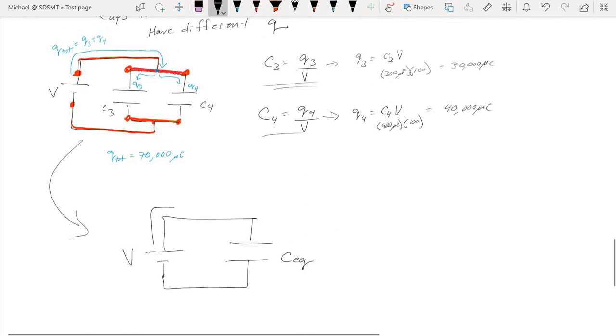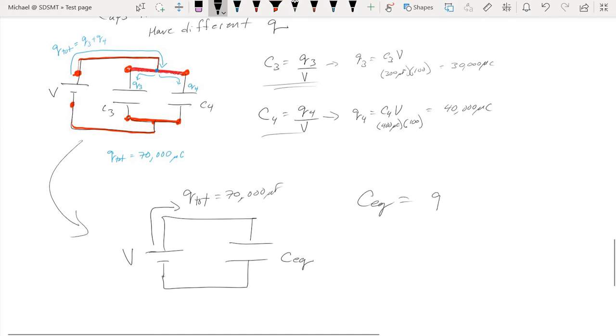Well, what we mean is, can this new capacitor pull the same amount of charge out of the battery as what capacitors 3 and 4 did? So we know that the total charge that has to be pulled from the battery is 70,000 microcoulombs.